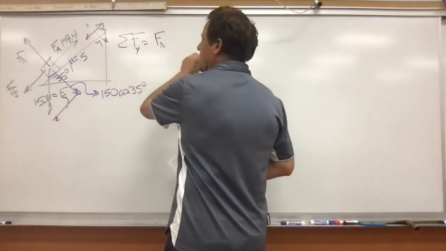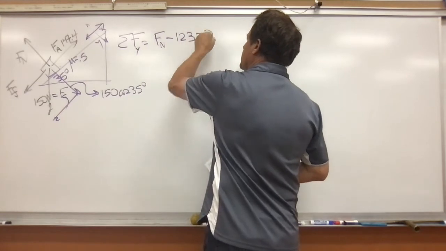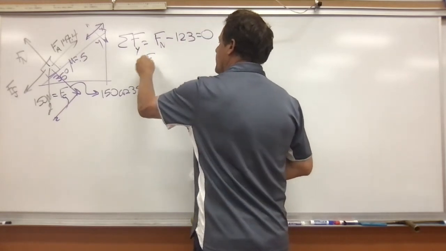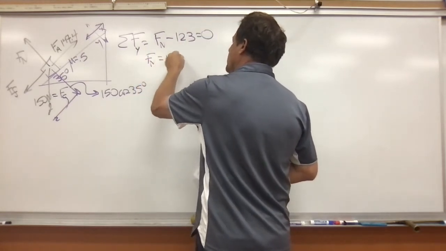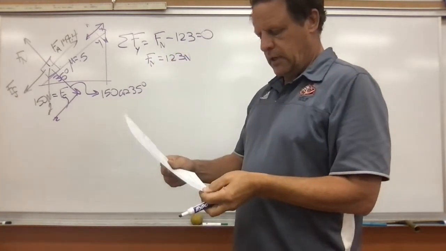So this is going to be minus 123 is equal to 0. Therefore, the force normal is equal to 123 newtons.